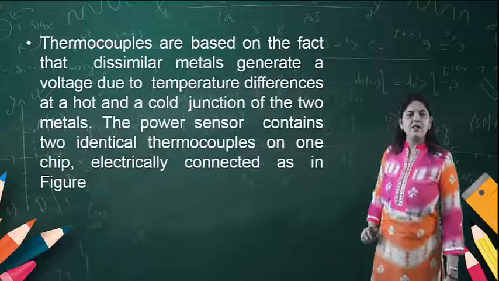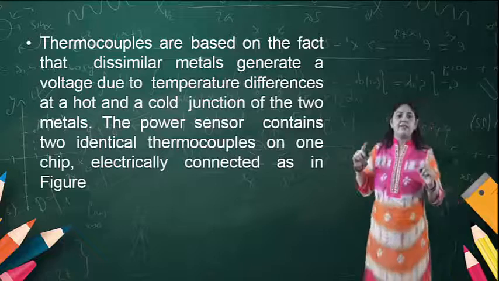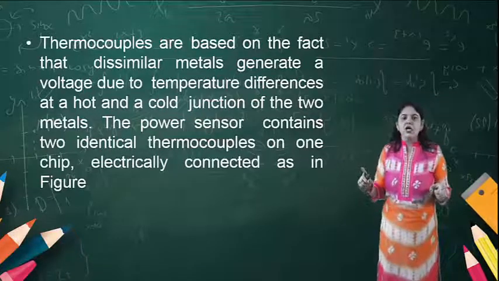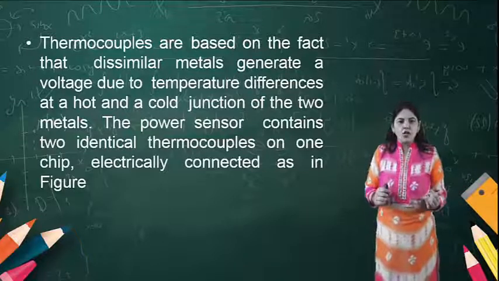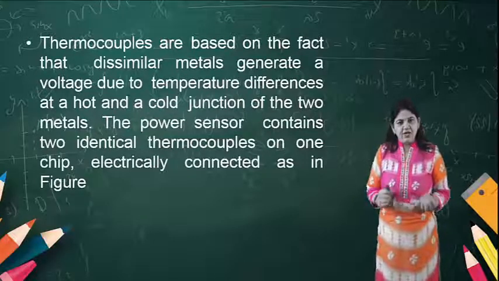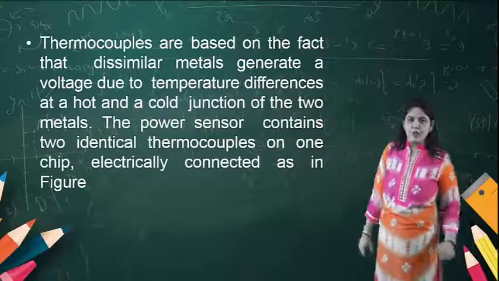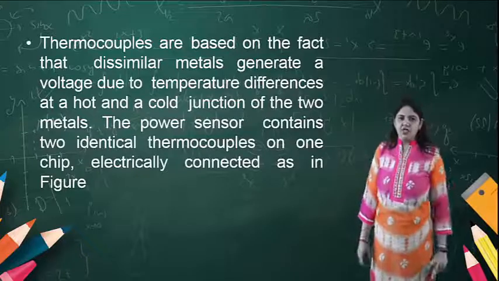Thermocouples are based on the fact that dissimilar metals generate a voltage due to the temperature difference at a hot and a cold junction of the metal. As we have studied earlier about the thermocouple, the two junctions are the hot junction and the cold junction.